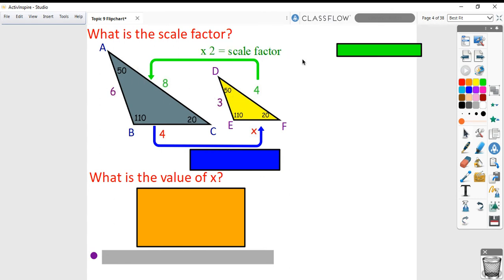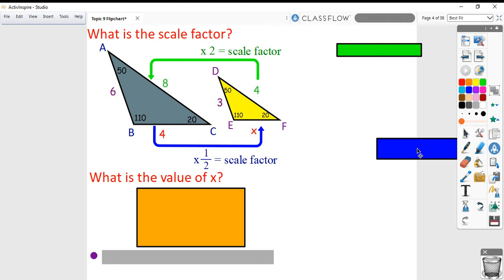That was our scale factor, 2. If we were scaling in the other direction, we were cutting it in half, going from 6 to 3, from 8 to 4. So our scale factor is 1/2.